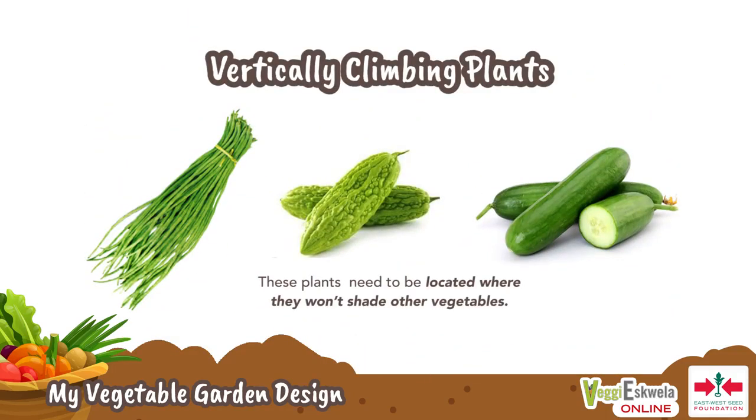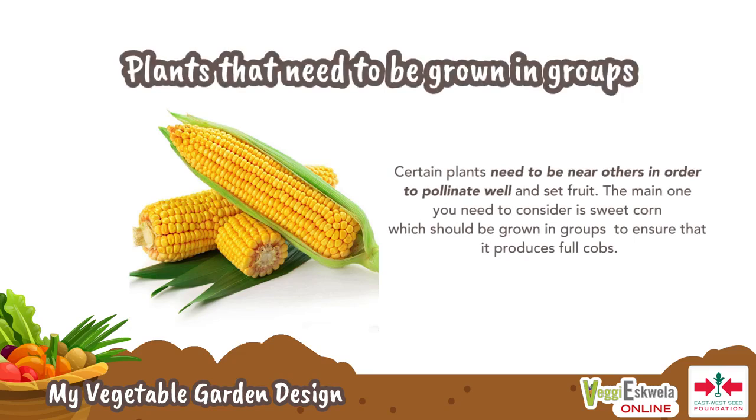Anything that grows up supports, like peas, beans, and some cucurbits, like bitter gourd and cucumbers, will need to be located where they won't shade other vegetables. Certain plants need to be near others in order to pollinate well and set fruit.